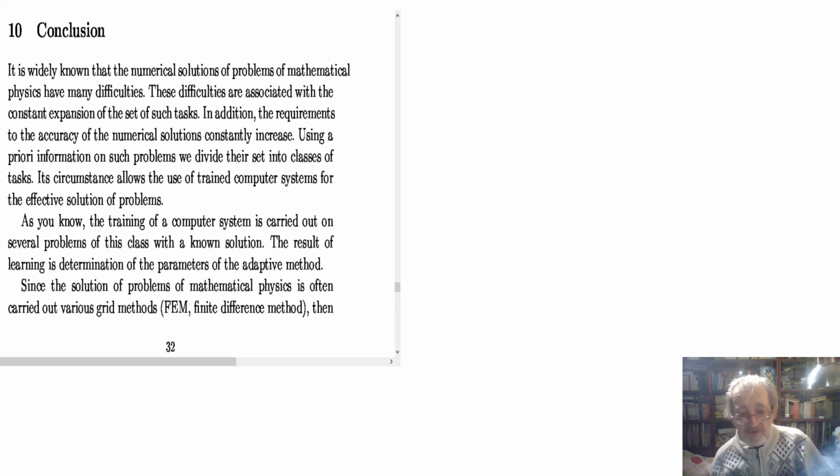The perceived difficulties are of a technical nature. One of these difficulties is that the process of learning a computer system requires significant time resources. However, this should not prevent research of this kind, because the power of the emerging computing systems is growing exponentially.